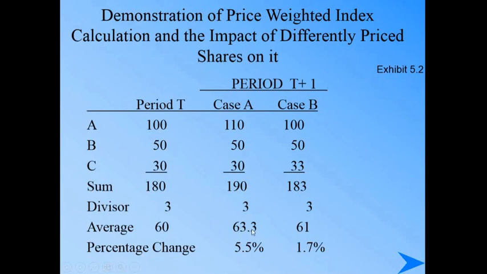It will be 63.333. Once you ask how much is the change, the change is 63.3 minus 60 divided by 60 times 100, and you'll get an answer of 5.5%. So if the value of the first security has increased by 10% and the other 2 securities remain constant, the overall index will increase by 5.5%.